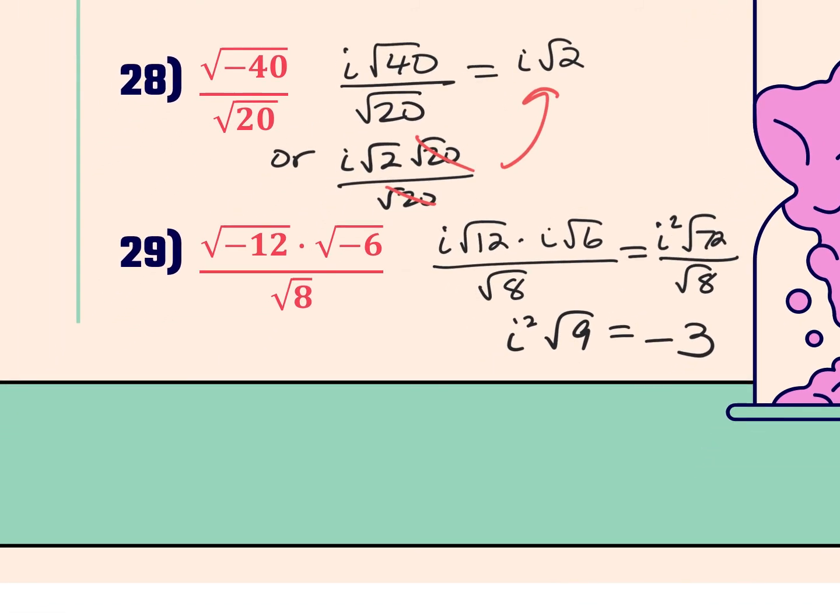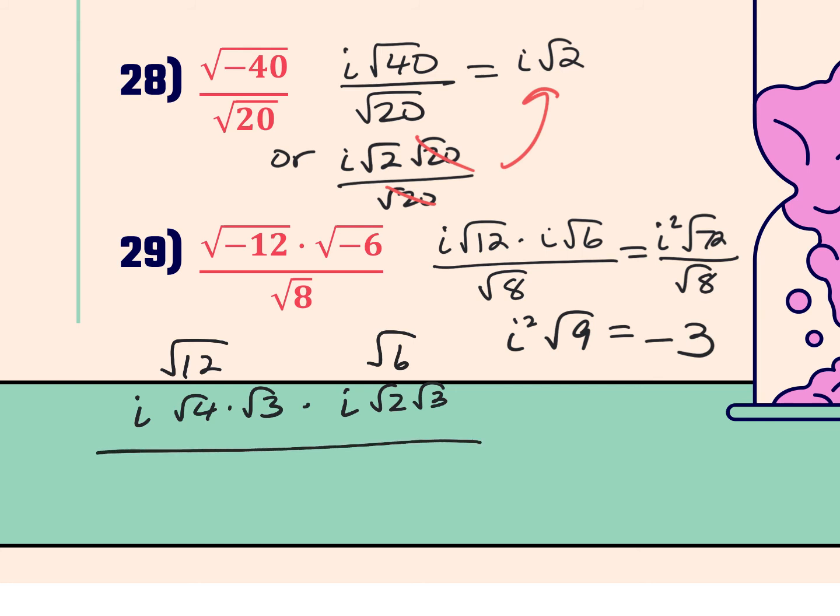Now, you could have also, if you didn't want to multiply it, because maybe it wouldn't have been easy to divide, you could also have factored it. You could have made the square root of 12 become square root 4 times square root 3, and then the 6 becomes square root 2 square root 3, and then the 8 in the bottom is going to become square root 4 square root 2.